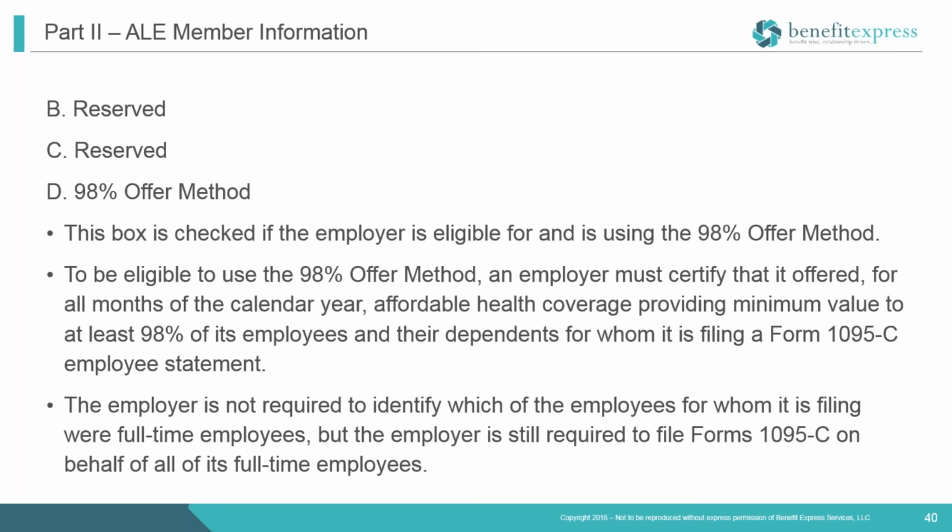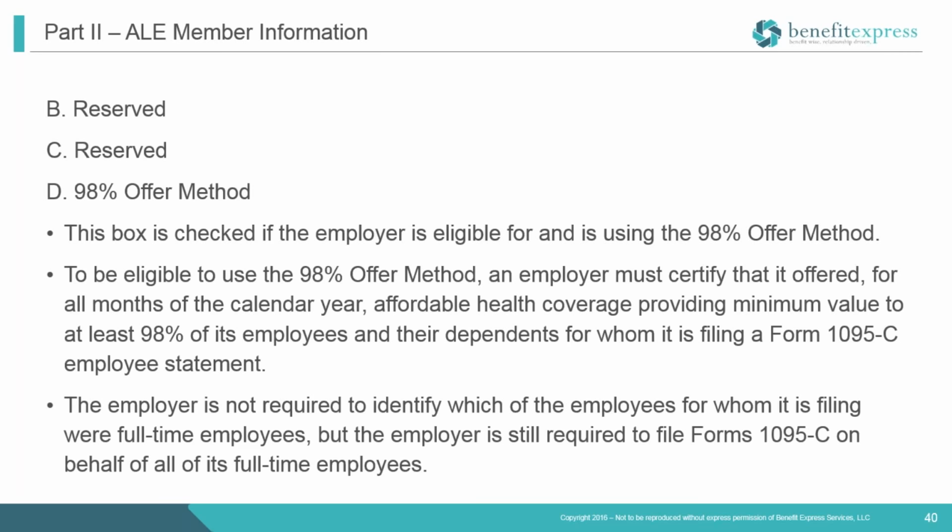Now, the 98% offer method, which is box D. This box is checked if the employer is eligible for and using the 98% offer method. To be eligible to use this method, the employer must certify that for all months in the calendar year, affordable health coverage providing minimum value was offered to at least 98% of its employees.